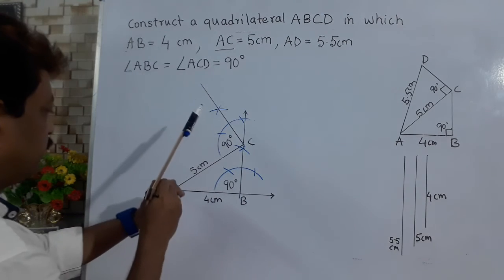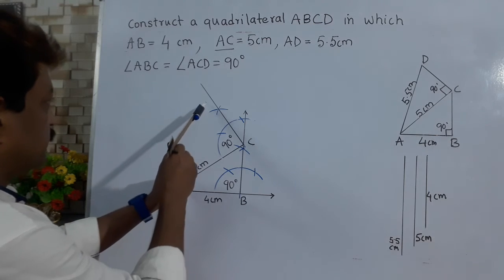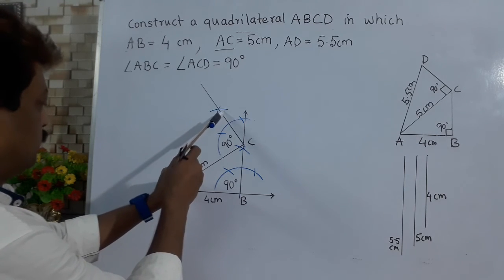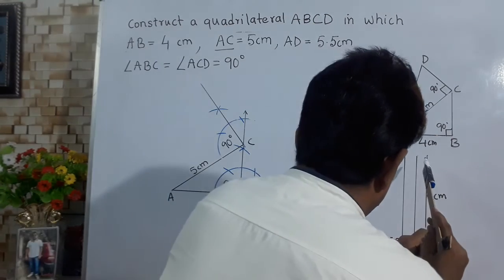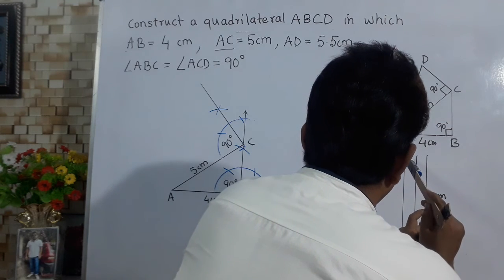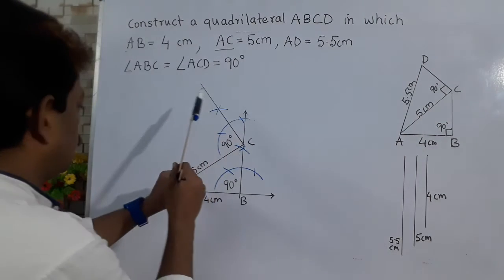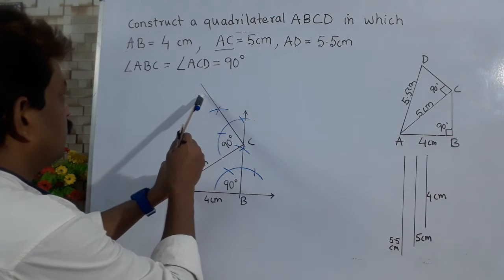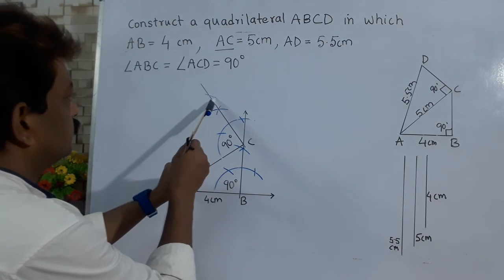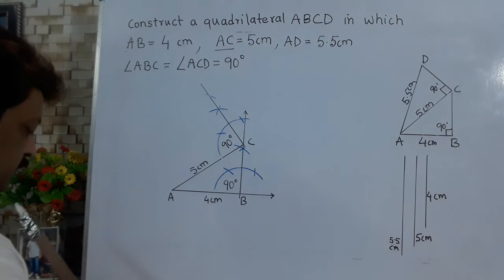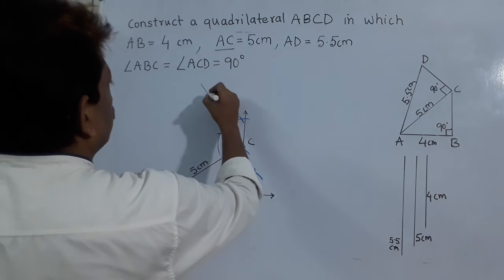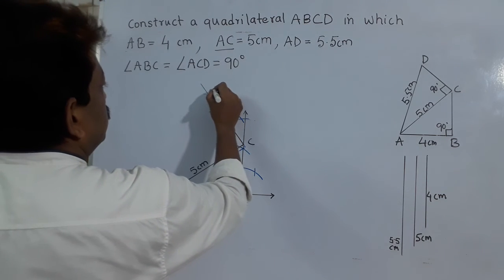Place the compass at A and cut the arc here. This is 5.5 and this is D.